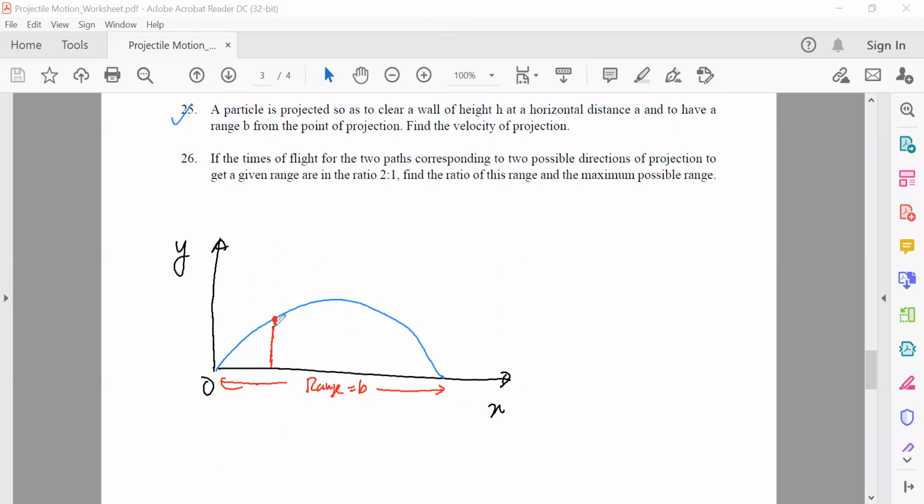So this is a wall of height h at a distance a. So this point has coordinates x equal to a, y equal to h. From that we have to find the velocity of projection. You can find a number of things actually, you can also find the angle of projection, velocity and all that. So use the equation of trajectory.